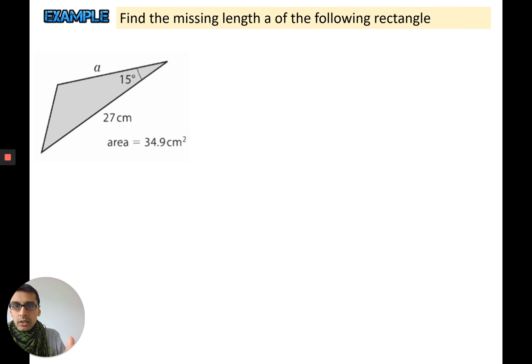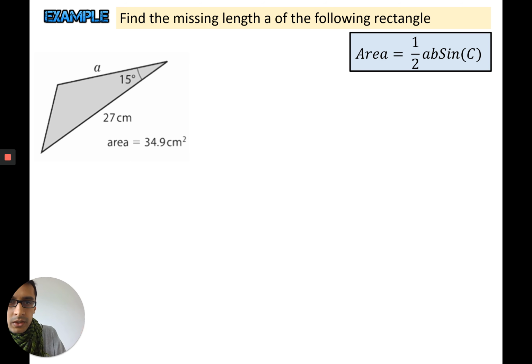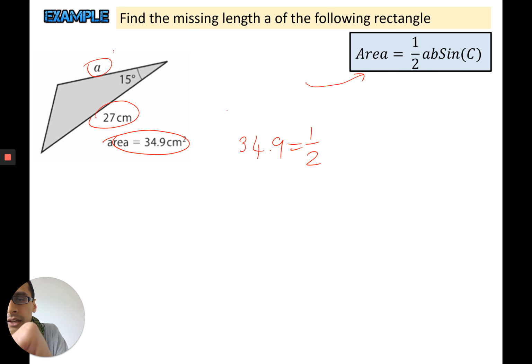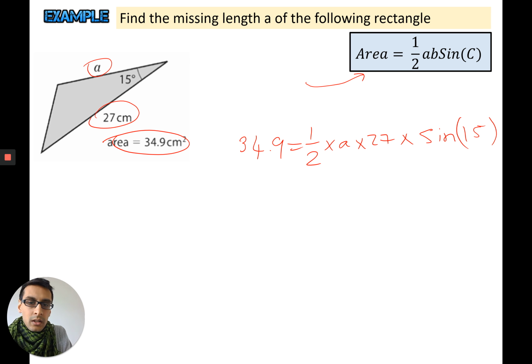Now this time we're going to find the length. It's the same formula. We've been given the area, so we're just going to substitute everything in there. So 34.9 is equal to half times A times 27 times sine 15. Then you can simplify that a little bit and rearrange it before you put it in the calculator.